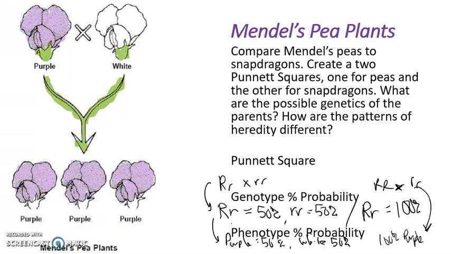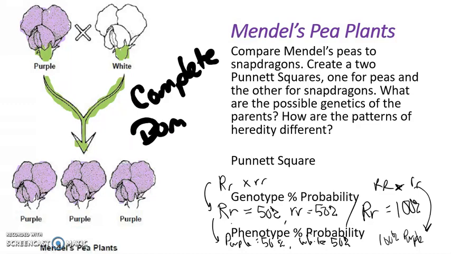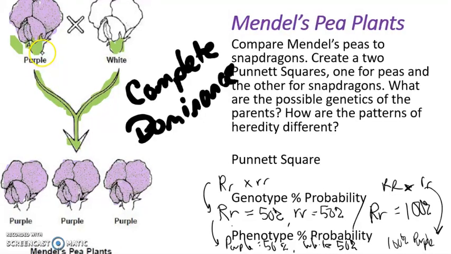Now, this is what we consider to be complete dominance. We know that if you have a dominant trait, it's going to overpower a recessive, right?